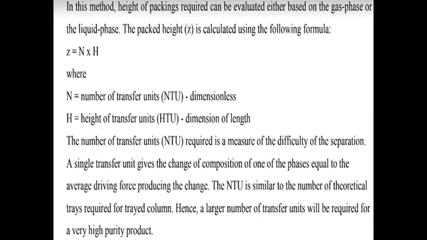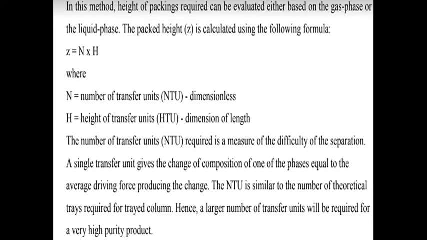This is a measure of the difficulty of the separation. A single transfer unit gives the change of composition of one of the phases, either liquid phase or vapor phase, equal to the average driving force producing the change.